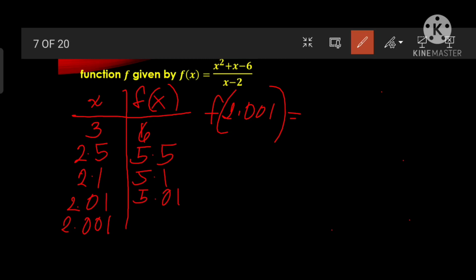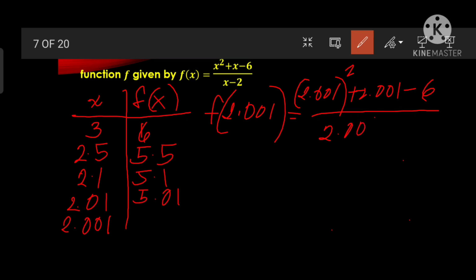So we have 2.001 squared plus 2.001 minus 6 all over 2.001 minus 2.